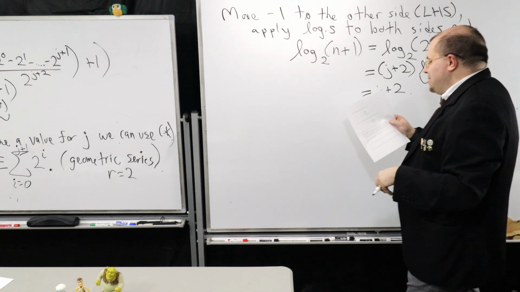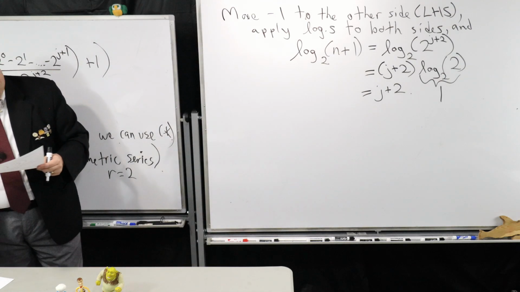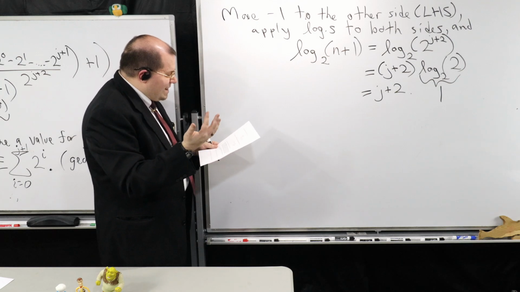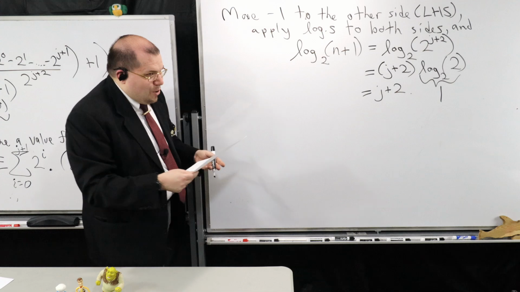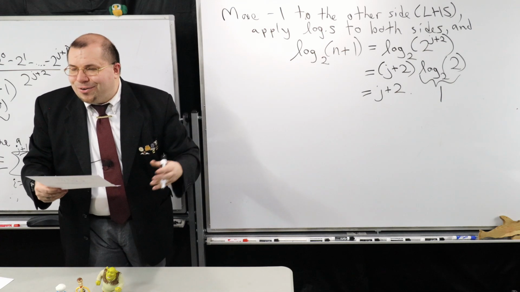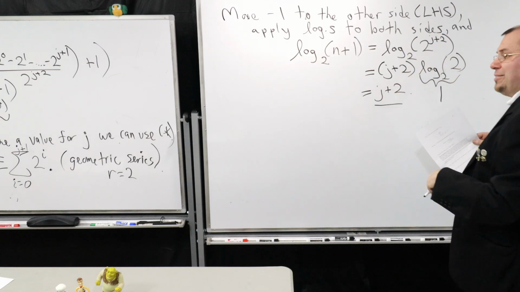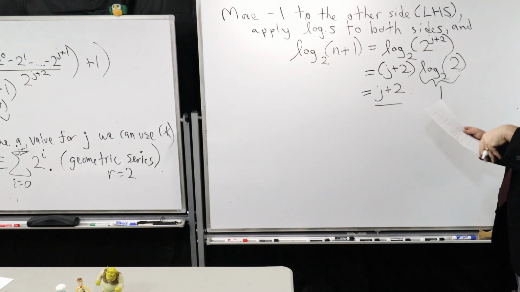Now, you might say, okay, so what do we do with all of this? Well, what was j plus 2? That was all those 1s, right? Remember that I had the j plus 2. That was all of that.